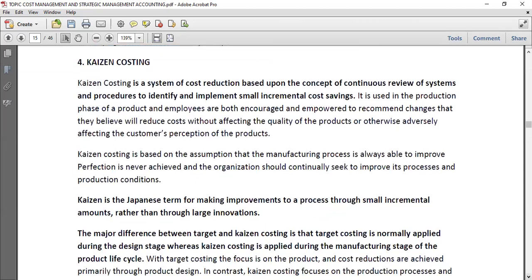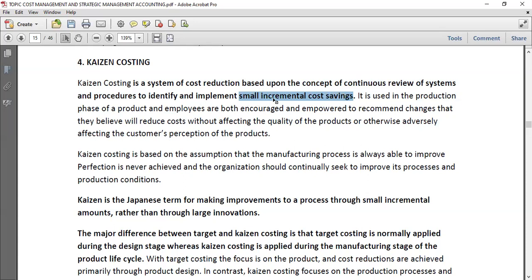The other is Kaizen. Kaizen is also one of those parts of what we basically want to know. I already explained more about Kaizen, okay? Where we say that Kaizen is about small continuous improvements with the involvement of staff, okay? It's basically a system of cost reduction that looks at continuous review of systems and procedures to identify and implement small incremental cost savings.